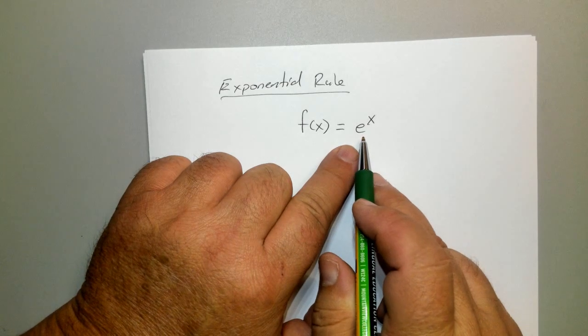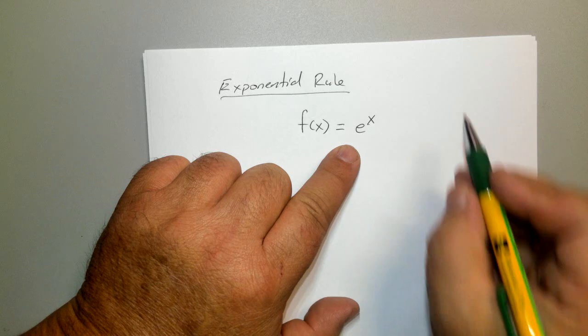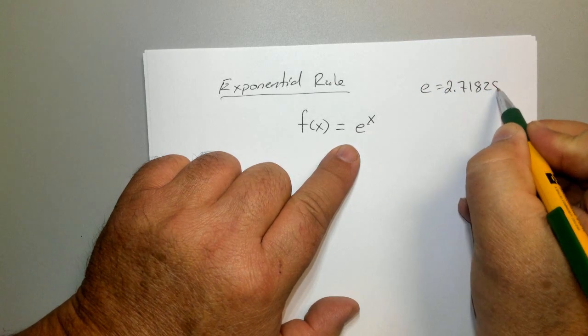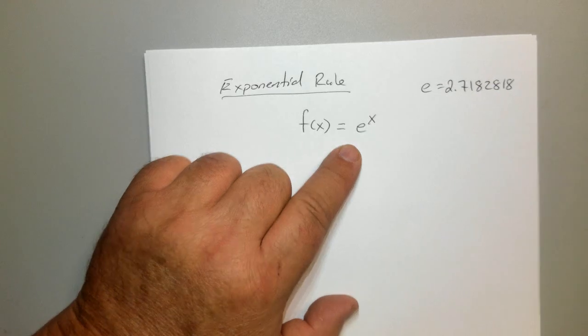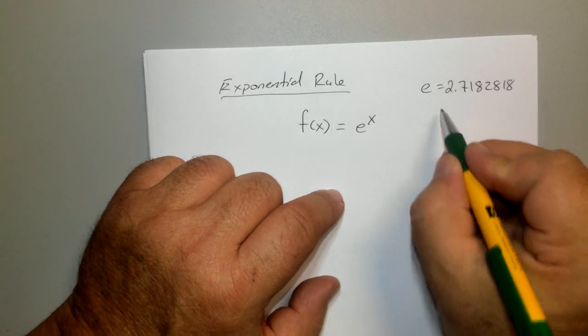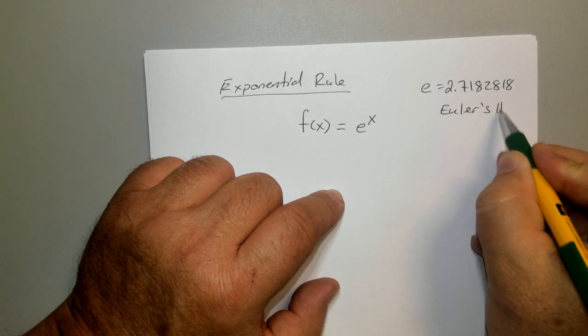Anybody remember what e is? What it's called? It's called Euler's number.